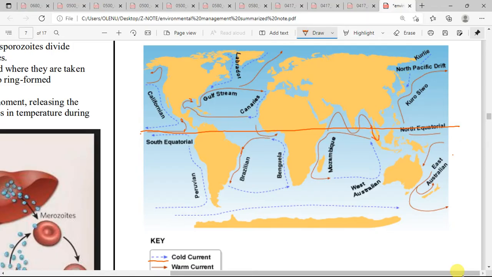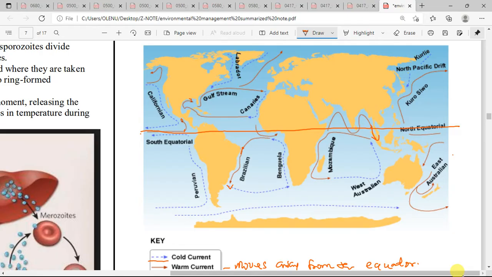Meaning, warm current moves away from the equator. I'm not going to explain how it leads to rainfall here, but as it moves, it rises, condenses, and falls as rain. So you have torrential rainfall here.